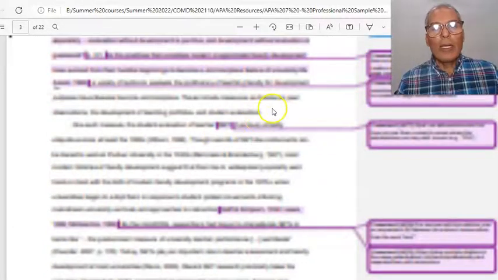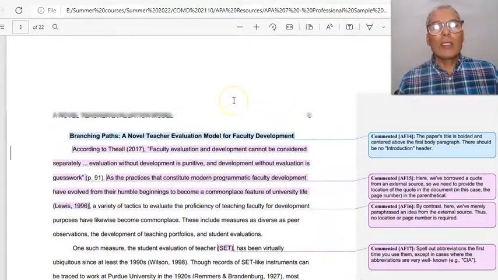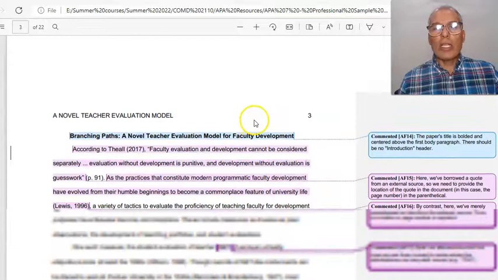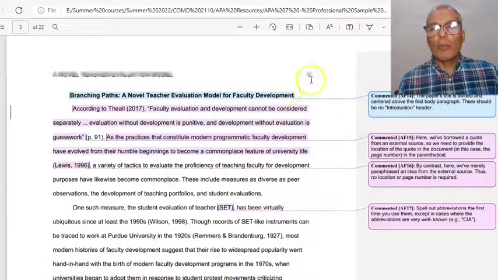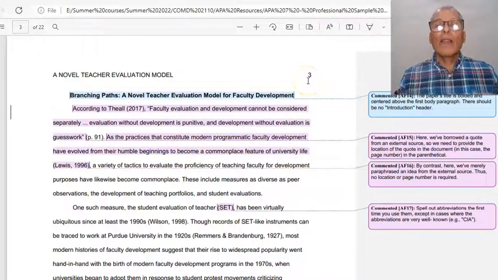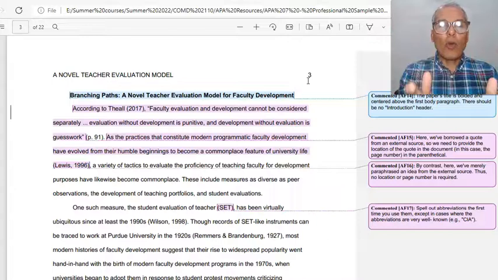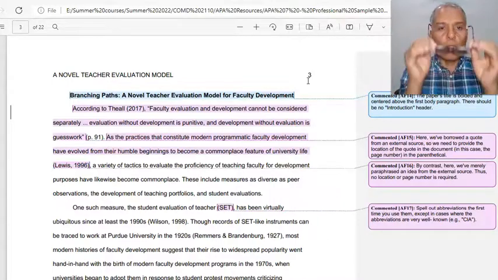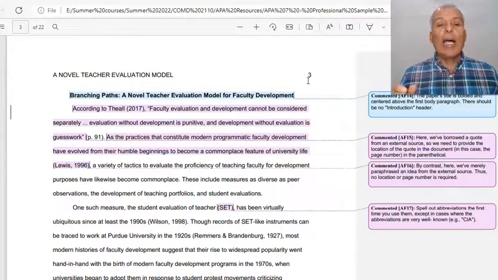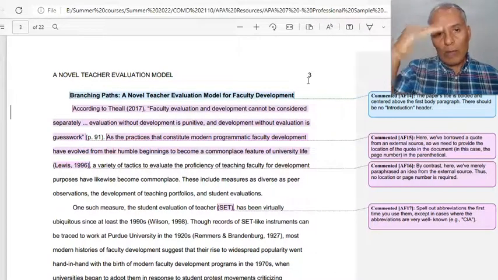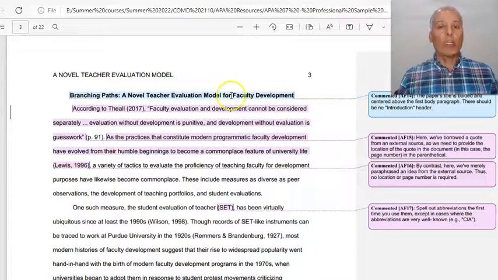Then here, in this page, it will be page 3 technically, this is your first page of the content, your first page of the body of the text. And it is a must that the very top of it must have the title again.